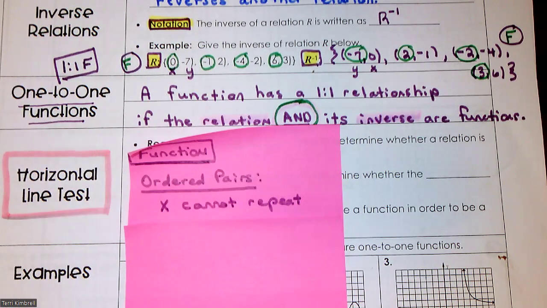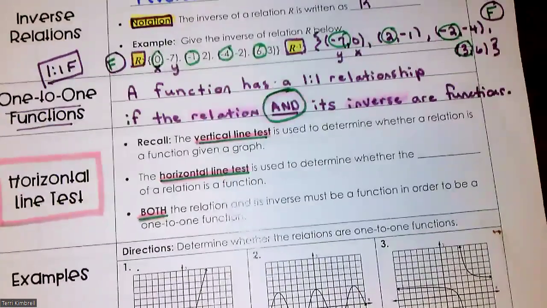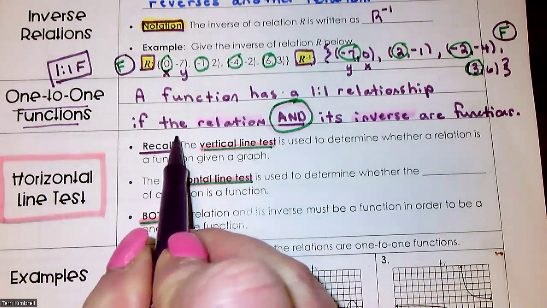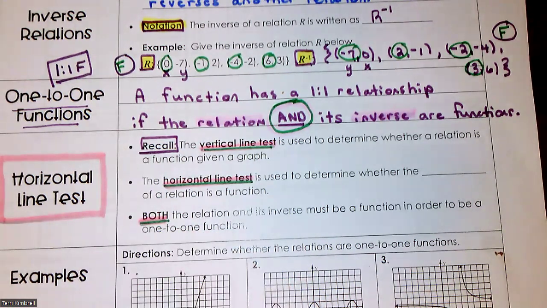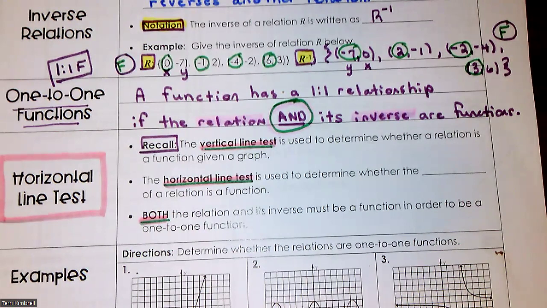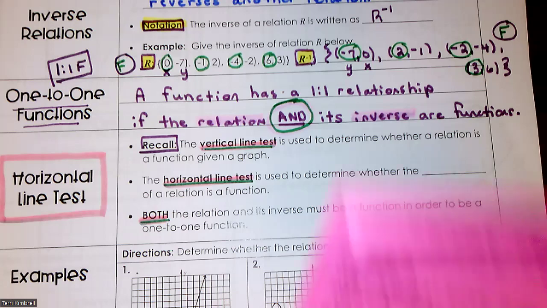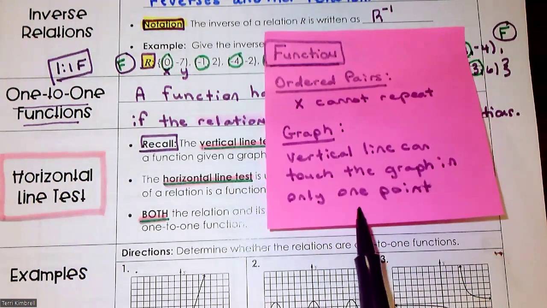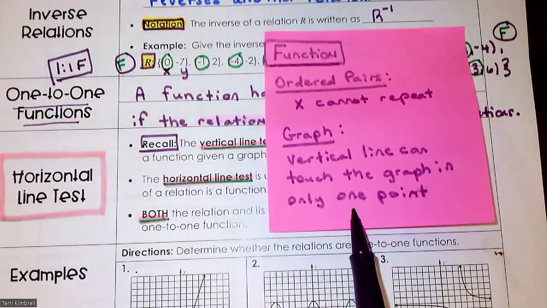Okay. Now, when you're looking at a graph, you have to first of all remember that it must pass the vertical line test in order to be a function. So when you're thinking about the vertical line test, if you remember, a vertical line can touch the graph in only one point.